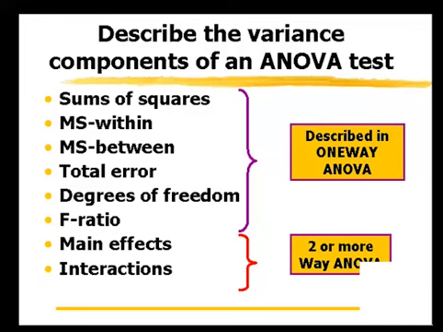The main effects are the two primary variables that we have in the study. So in this case, it would be age and drug therapy. Those would be the two main effects.